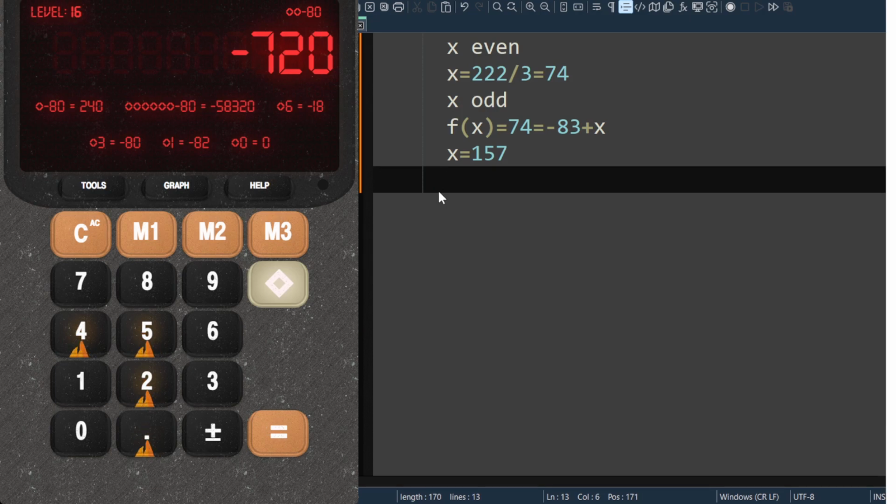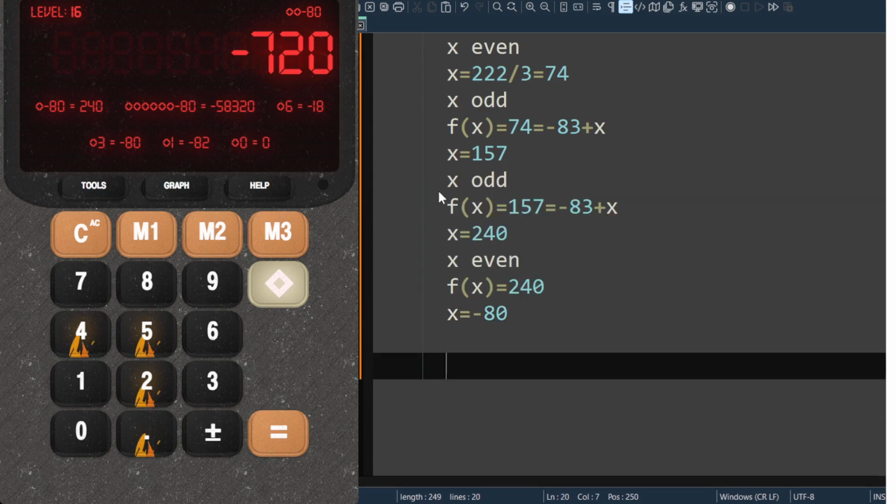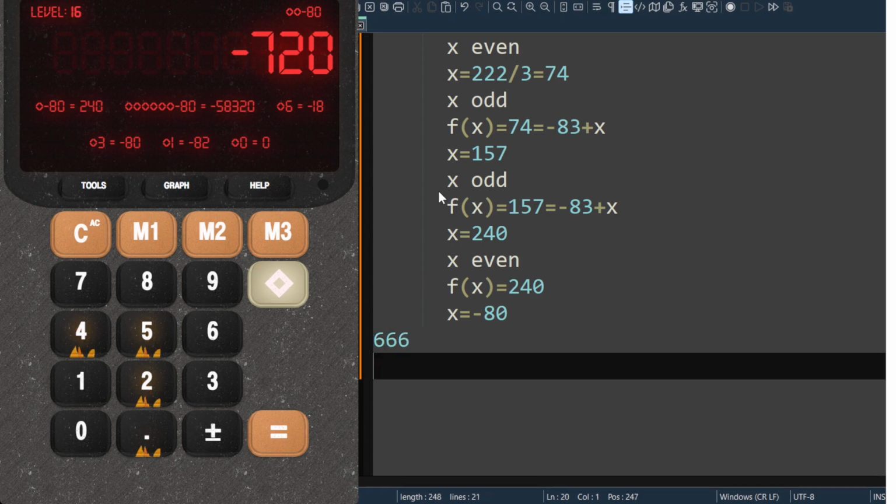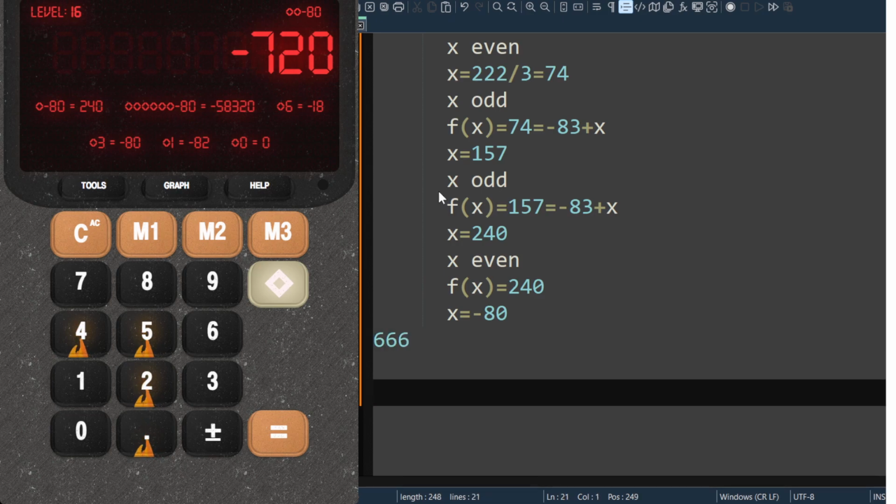Okay. I'm still going to keep it written down. And we're going to need to write a big spreadsheet like this, I think. 666. When there's an odd solution and an even solution, let's start off with this even solution, minus 222.